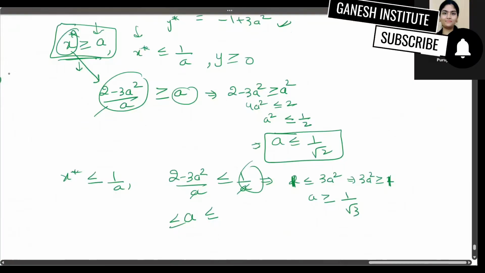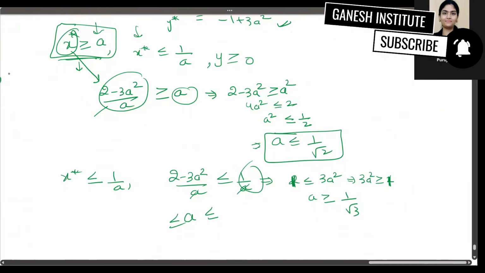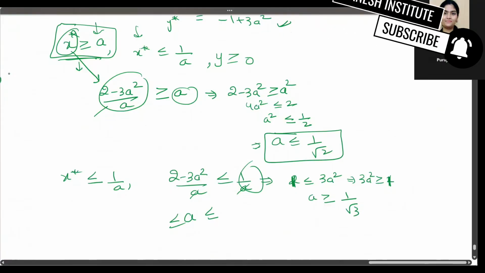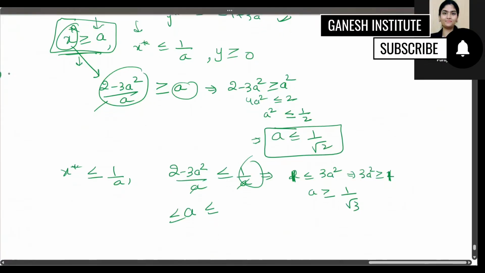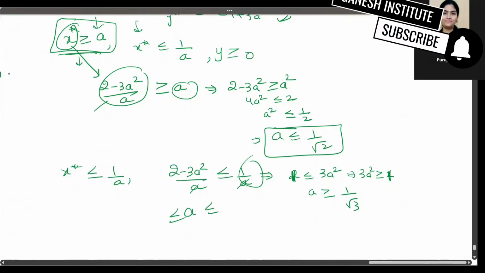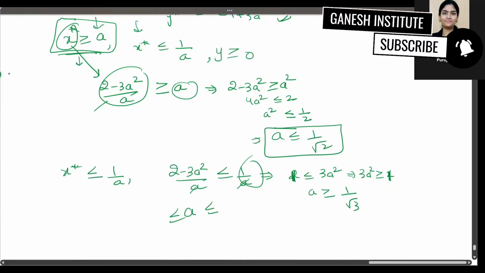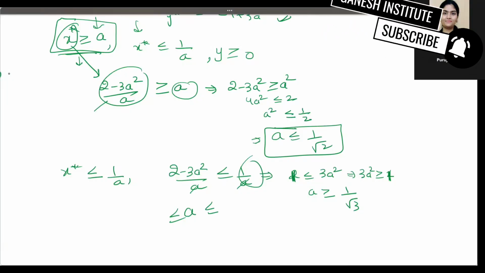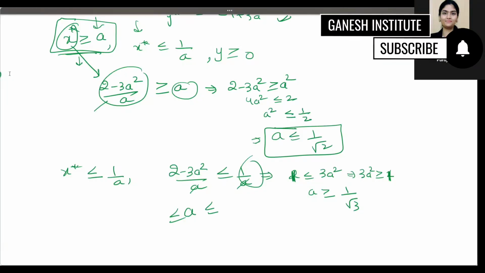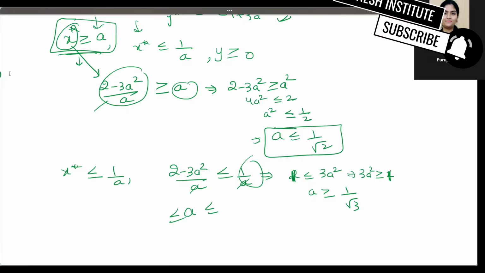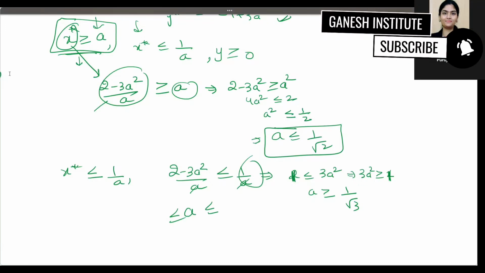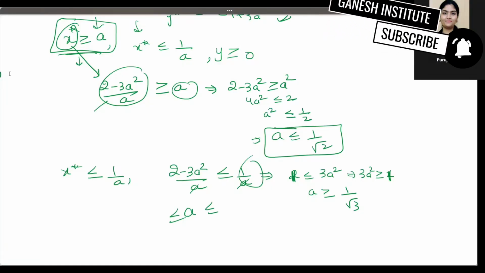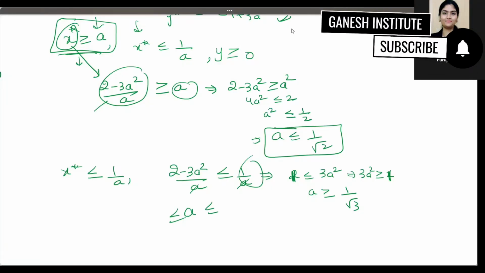We substituted the value of y, and after substituting the value of y we got the values of A. Having substituted the value of x and putting the limit, the range in which A was lying, we have got the values of A, right? Now this part is done.